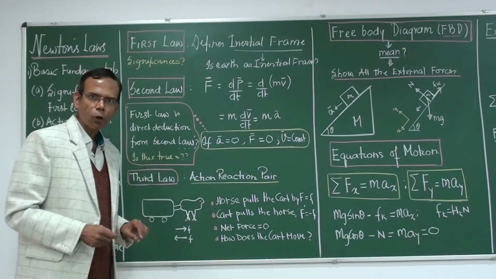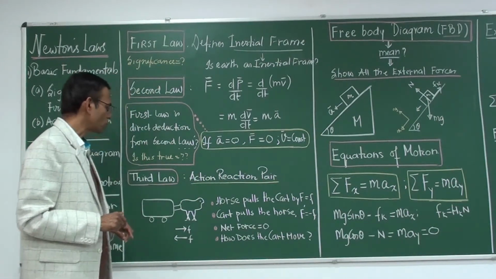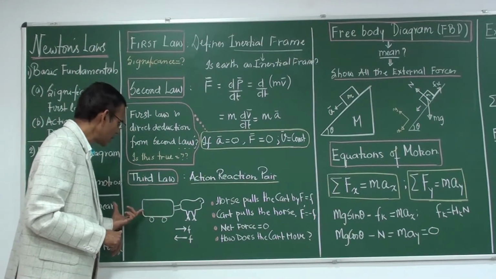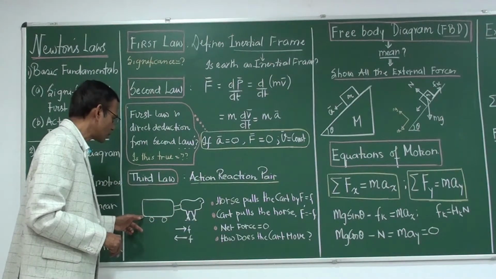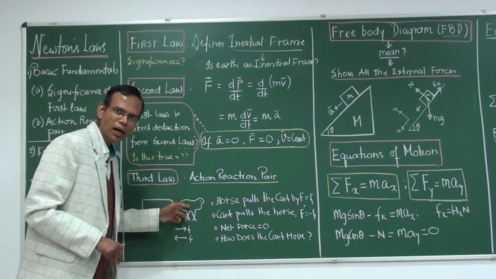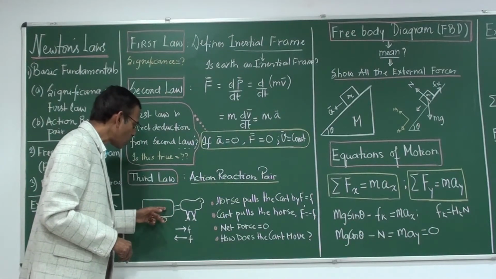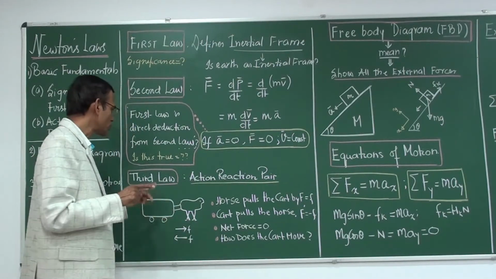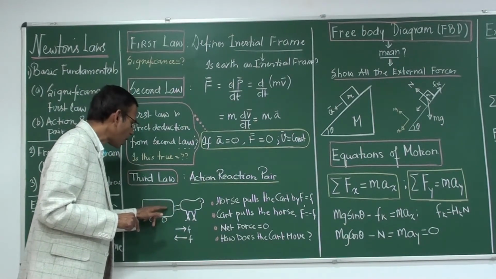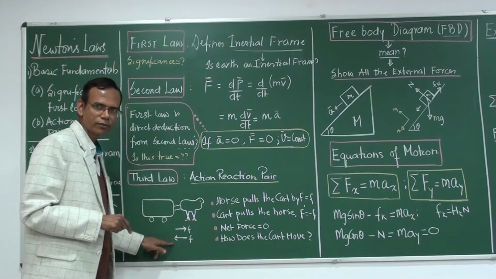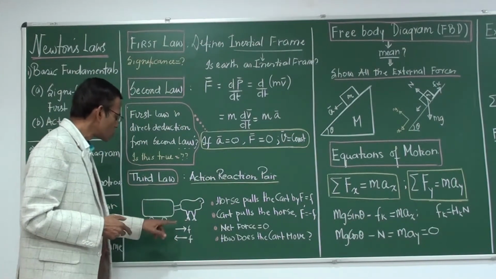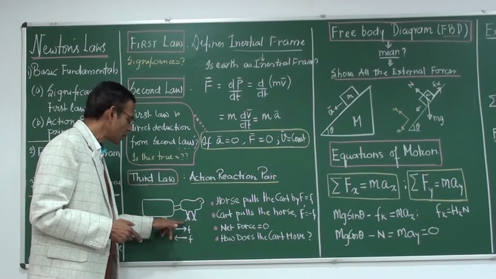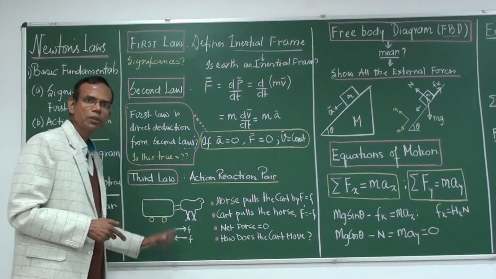So here there is again a popular question. And what is that popular question? Often it is asked, so you should know that. The question is that there is a horse and there is a cart. The horse is pulling the cart by force F. According to Newton's third law of motion, the cart is pulling the horse with a force F. So if the action-reaction pair are equal and opposite, of the same magnitude, then the net force will be 0.